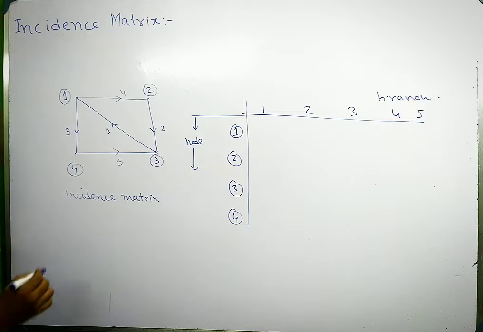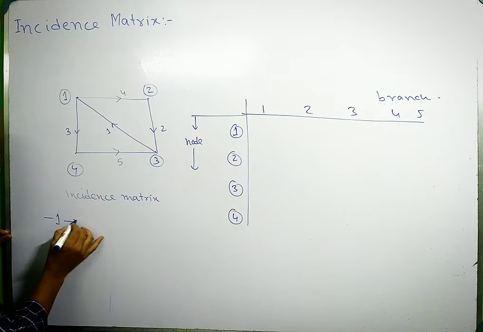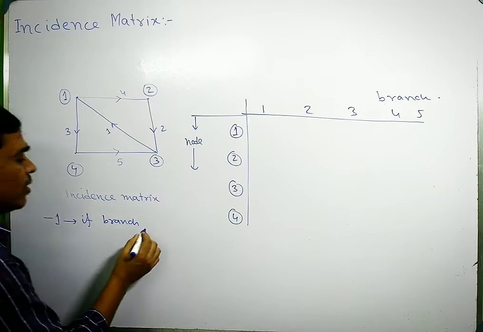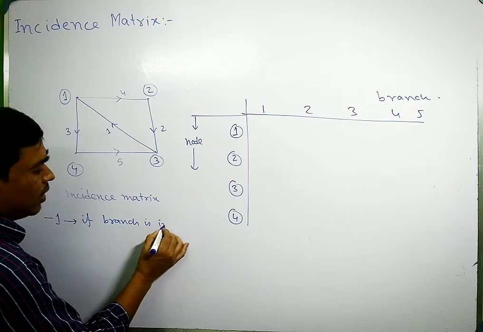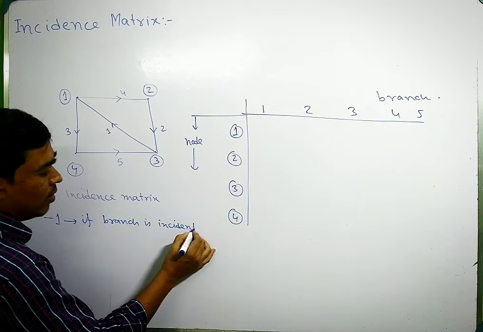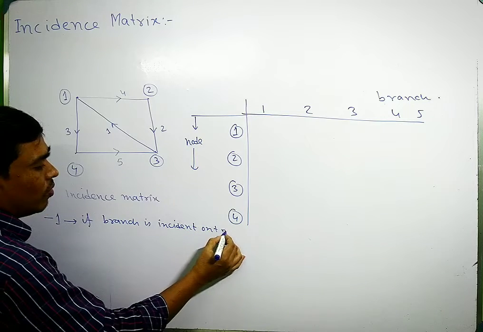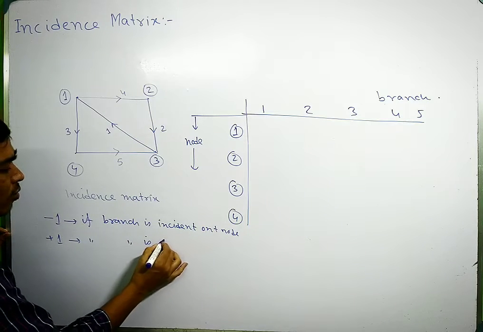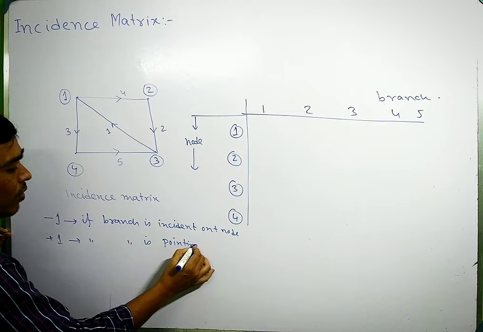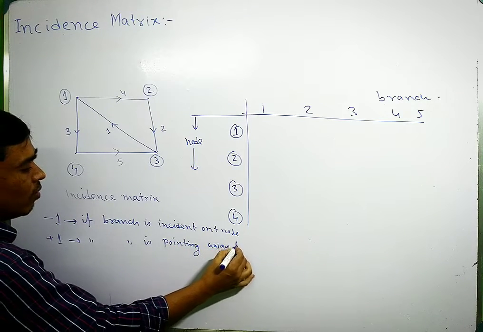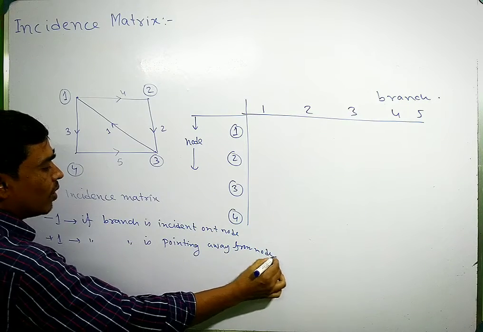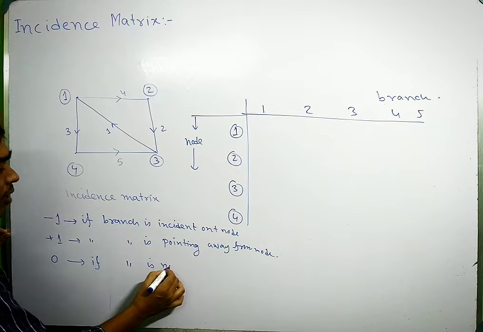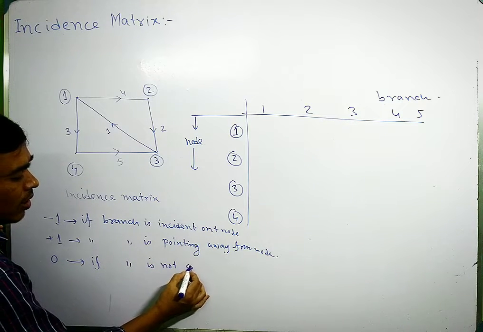Now you have to take minus 1 if the branch is incident on the node, and plus 1 if the branch is pointing away from the node, and 0 if the branch is not connected.